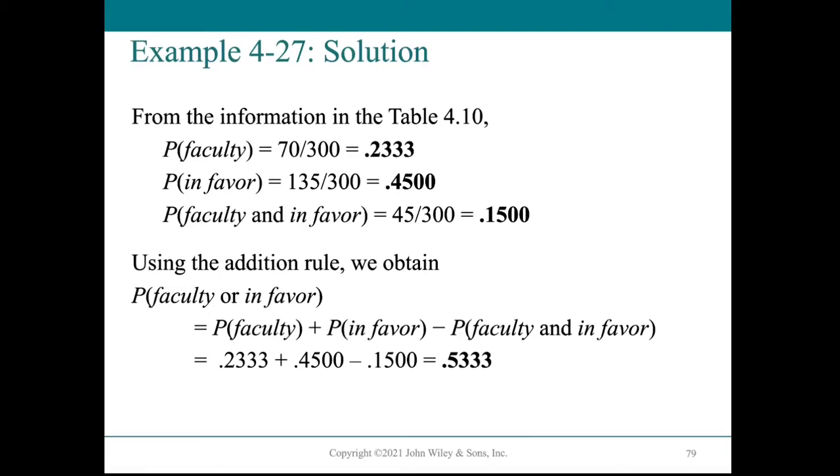So we need to count what is the probability that among the respondents, you're a faculty member or you are in favor. So you get 0.233 plus 0.45, these marginal probabilities, less this intersection, the joint probability. So this is 0.533. So that's the probability of getting a person at random that is either in favor or a faculty member.